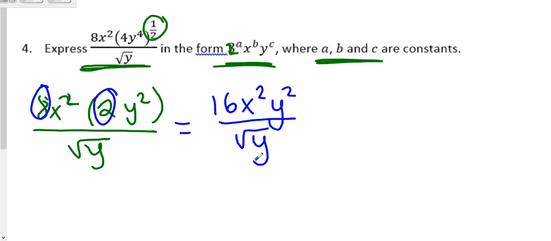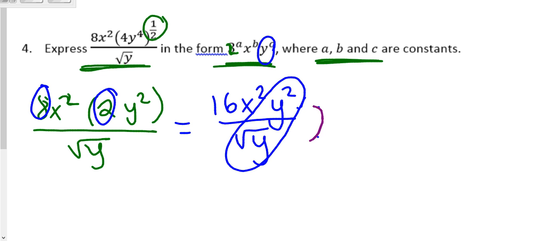Now, you can rationalize here, but eventually you are going to have to combine these two because our goal is to get all of our y's together with 1 power. So eventually we're going to have to combine our y terms. You can rationalize and then you'd have to combine, or you can just combine now and leave less steps for you to mess up on, which is always the goal, right?